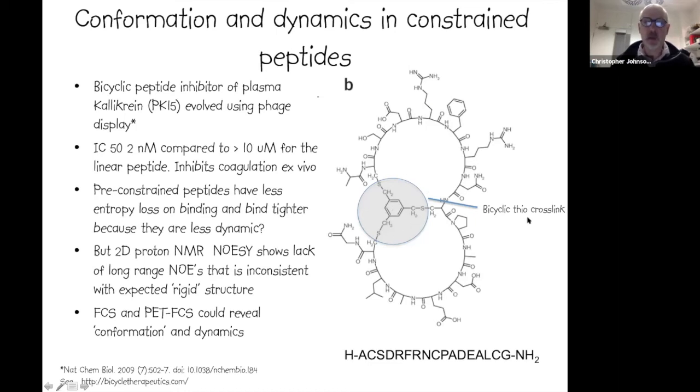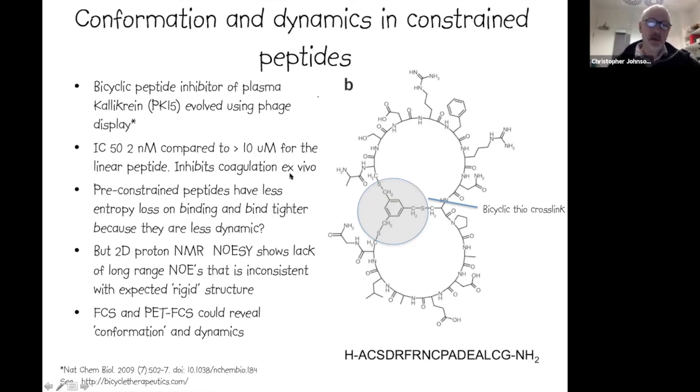It's a thio-based crosslink. So this particular inhibitor of kallikrein was evolved using phage display and showed an IC50 of a couple of nanomolar. And this was very favorable when compared to the same sequence for a linear peptide, which was on the order of IC50 of 10 micromolar.